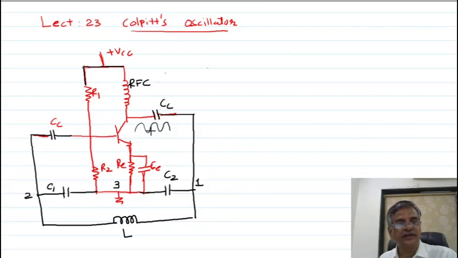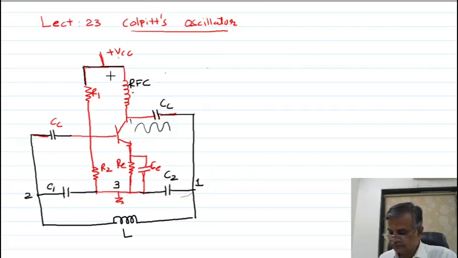So the reactance offered by this is very large, according to the equation omega L. So this prevents the short circuiting of the power supply with high oscillating current. CC blocks the DC and allows only AC to the tank circuit.